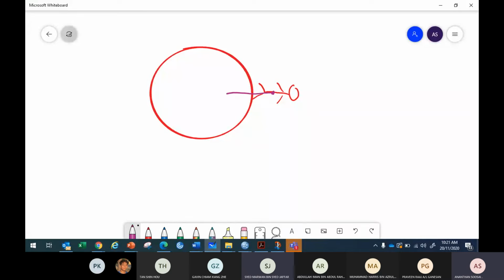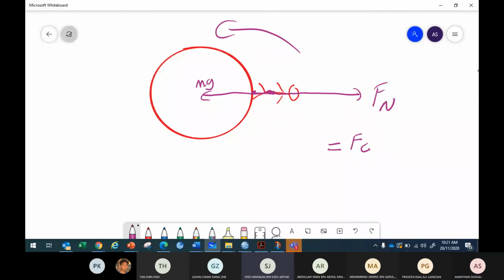The weight acts towards the center. Then you have a normal reaction acting opposite. What equals Fc? Because the Earth is rotating, you need Fc, right? Anything that moves in a circular path should have centripetal force, which we learned in one topic. So what equals Fc here?